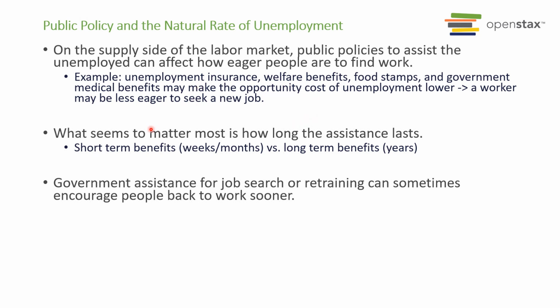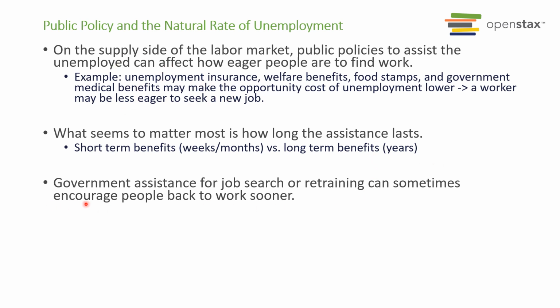What economists have found is what seems to really differentiate whether someone pulls the trigger and wants to go out and get that job or not seems to be how long the assistance is put into place. There are short-term benefits versus long-term benefits. And if all benefits end up being long-term benefits, the benefit obviously is that people won't be out on the street without any means of providing for themselves. But the cost of that for society is that you're going to get a lot of people who aren't going to want to get out and get that job immediately.